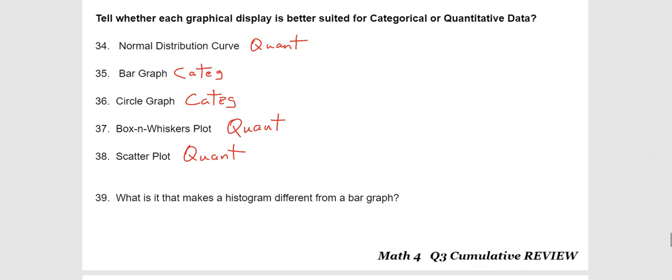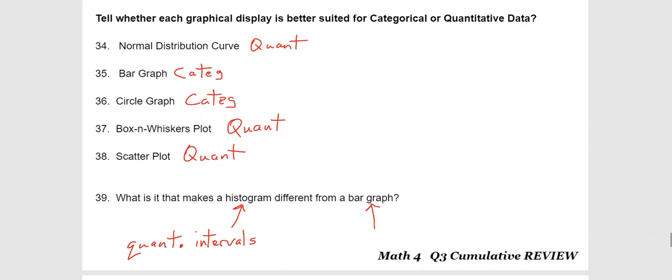All right, what makes a histogram different from a bar graph? A histogram has intervals, and I guess you could even say quantitative intervals, like from 10 to 20, 20 to 30, and so on.